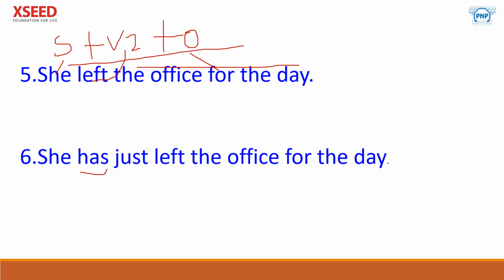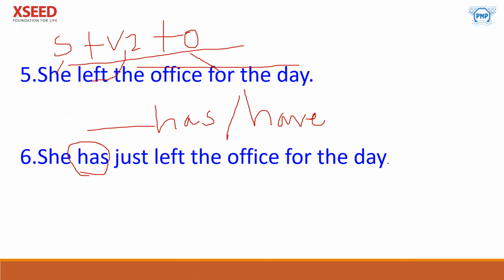You can see here has is there. We use has and have to make present perfect tense. Correct?